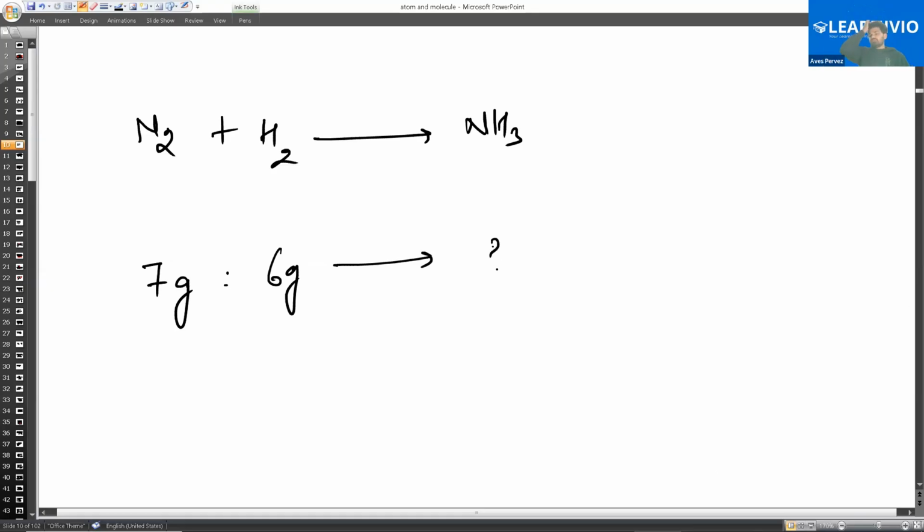I'm not giving you anything. You have to calculate both original mass ratios on your own, and then try it. Do it, please. If you have 6 grams, there might be one thing in excess.